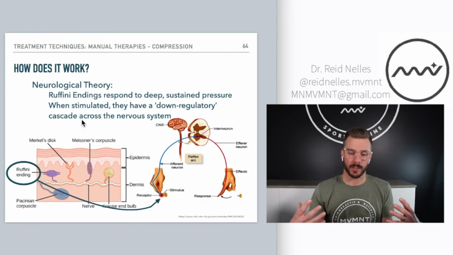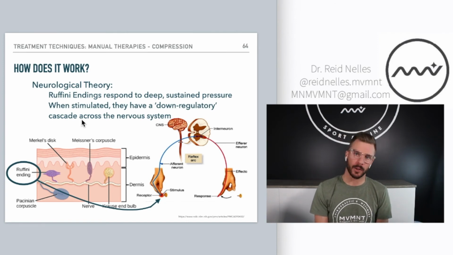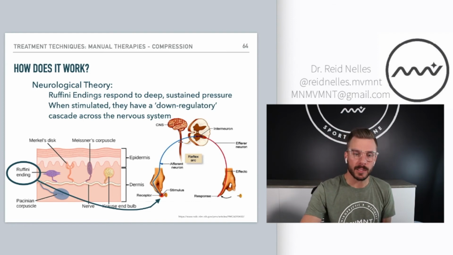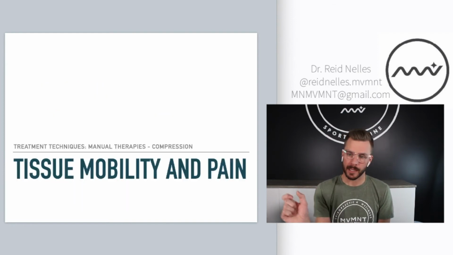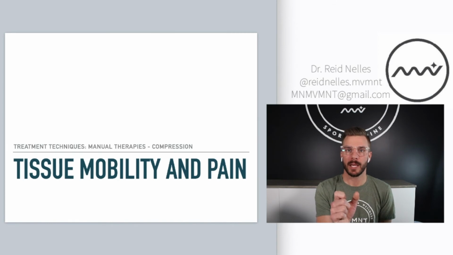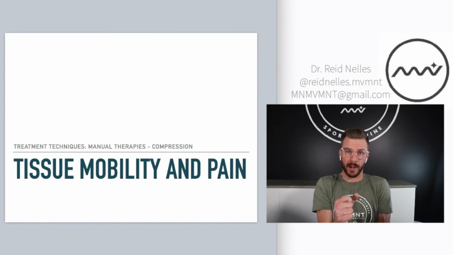This down-regulatory response decreases our sympathetic drive, and in absence of our sympathetic drive, we can get parasympathetic rest and digest to happen. So if we're resting and digesting and all nice and easy, this is where tissue mobility and pain can take hold big time, right? If I'm in fight or flight running from a bear, how much mobility am I going to have and how much pain am I going to be sensing? Everything, right?